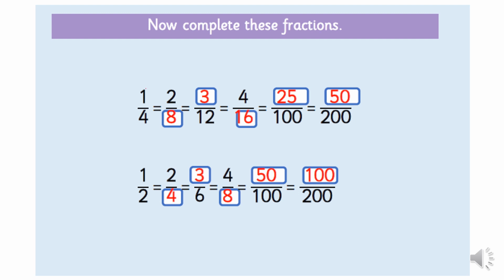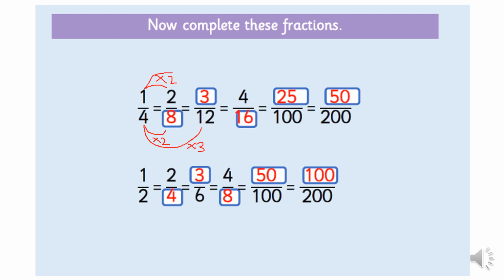So, to get from here to here, I have times by 2. Therefore, I need to do exactly the same underneath, times by 2. Therefore, a quarter is exactly the same as 2/8. To get from here to here, I have times by 3.